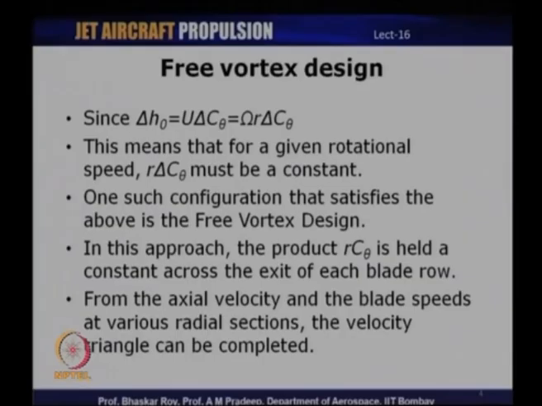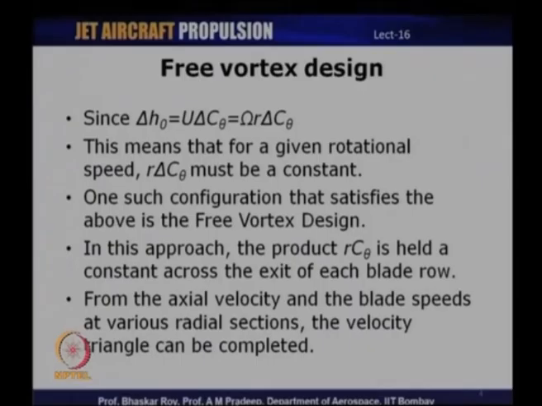This ensures that, for a given rotational speed, the specific work is a constant. One design methodology which can ensure that this is satisfied is known as the free vortex design. In a free vortex design, we keep the product r times C W constant at the exit for each of these blade rows.